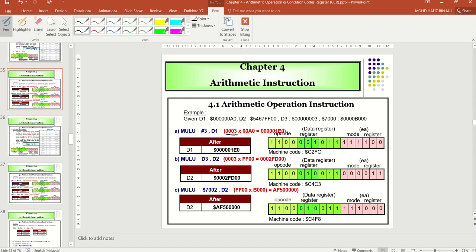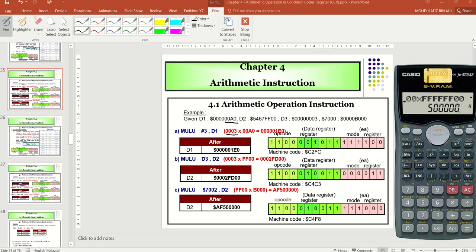D1 is this one, 00A0. So try to use your calculator.